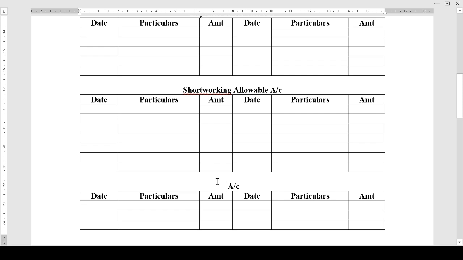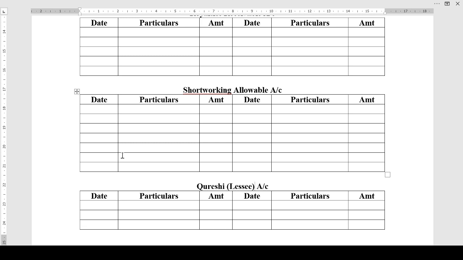And finally, we have the lessee's account. Who's the lessee here? Qureshi. In brackets, I'll just write lessee here. Learn one set of entries.